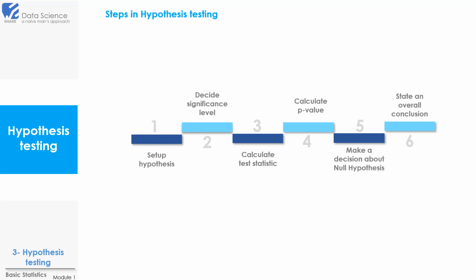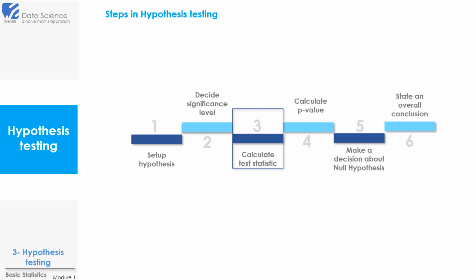Now there are a total of 6 steps involved in hypothesis testing. These 6 steps are common irrespective of the type of test. So first we set up a hypothesis. Then in step 2, we decide on the level of significance, that is the alpha level. Then the third step is to calculate the test statistic.